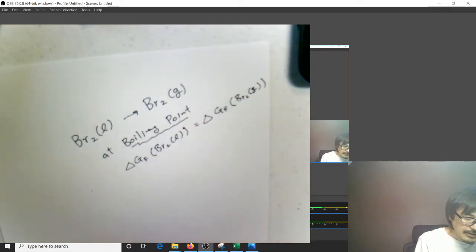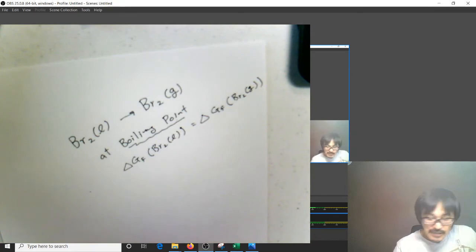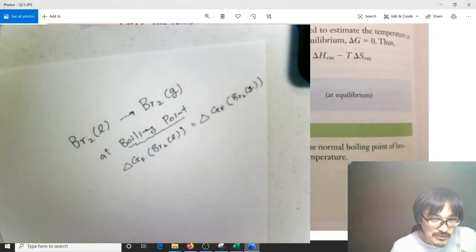What can I do here? The problem doesn't say anything about delta G being constant. The delta G could change with temperature, but delta H and delta S do not change with temperature. That's what this problem says.